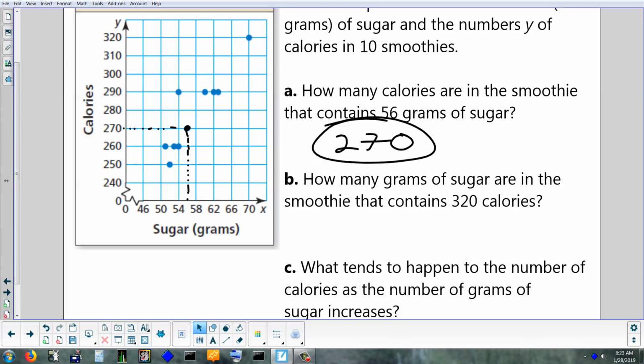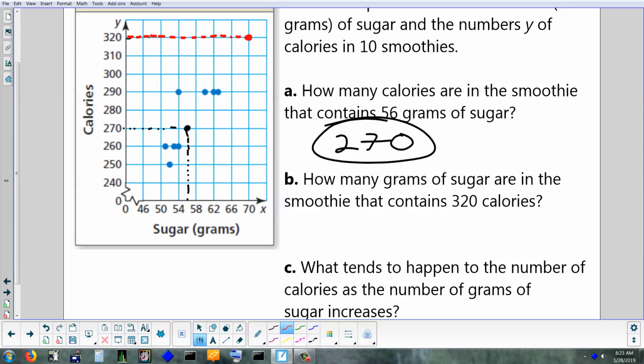How many grams of sugar are in the smoothie that contains 320 calories? This is a little different. How do I do this one? Yeah, it's just backwards. It's like you're doing it backwards, right? So the first thing you're going to do is find the smoothie that has 320 calories. All right. So you know what? Let me do it in red.